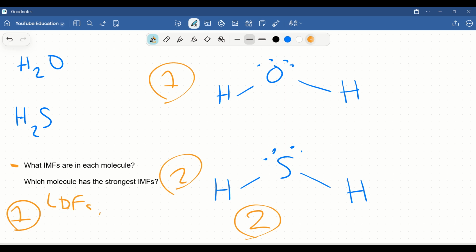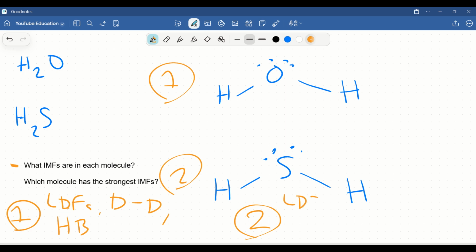We also know that it's a polar molecule, so it contains dipole-dipole. I'm just going to write it as D. And it also contains hydrogen bonding, because a hydrogen of one molecule of water will be attracted to the oxygen of another molecule of water. Now with hydrogen sulfide, H2S, it contains London dispersion.